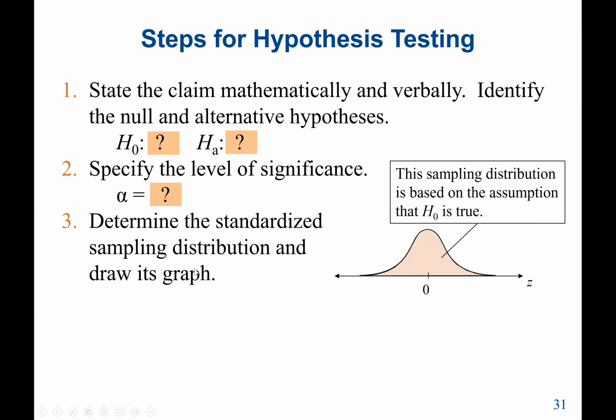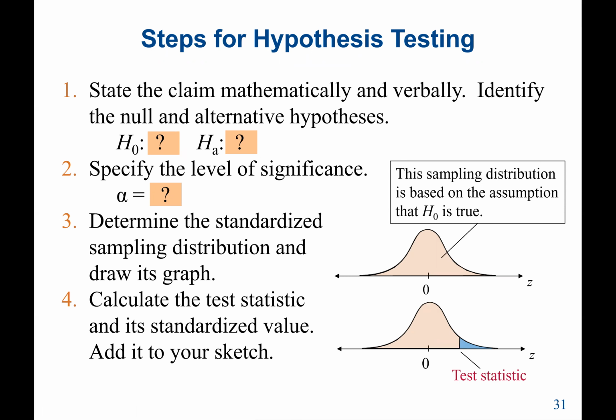Next, we determine the standard sampling distribution and draw a graph. Then we calculate the test statistic and its standardized value, and add it to our sketch. Next, we find the critical value using the table.